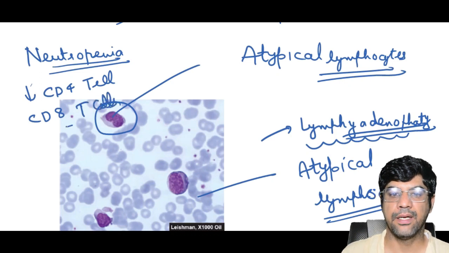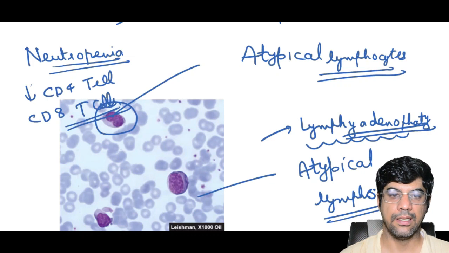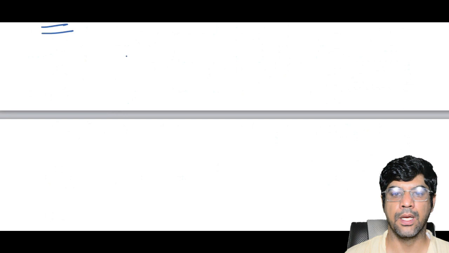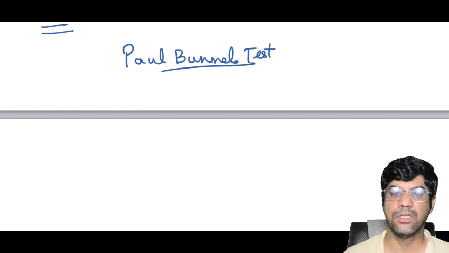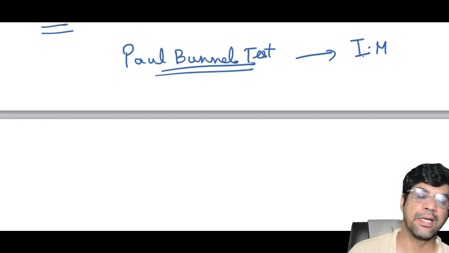Apart from that, the best test is the Paul Bunnell test, which is used to diagnose infectious mononucleosis. Here a blood sample is taken from the patient.